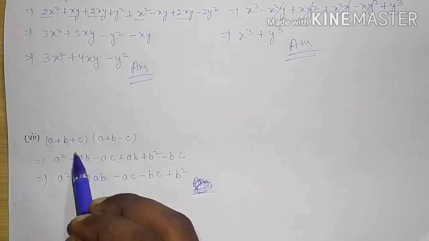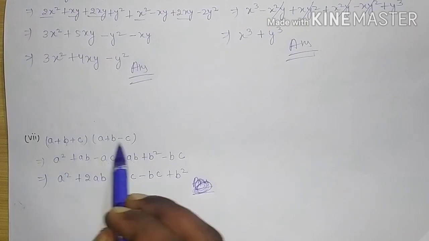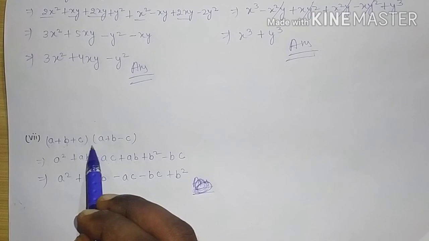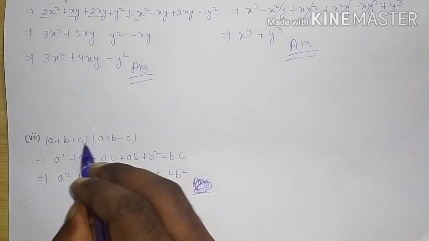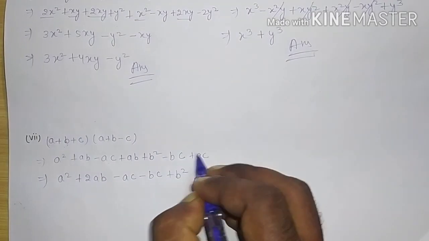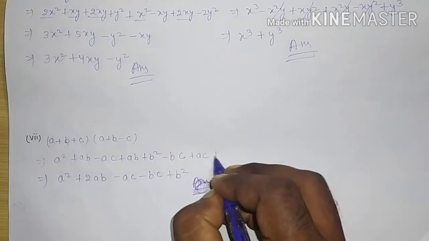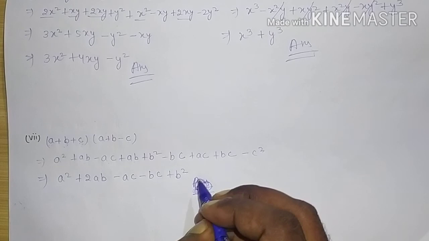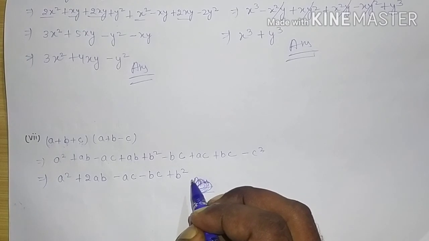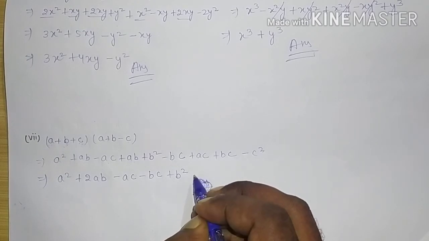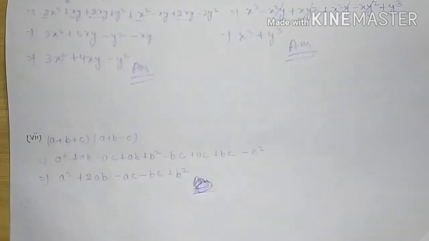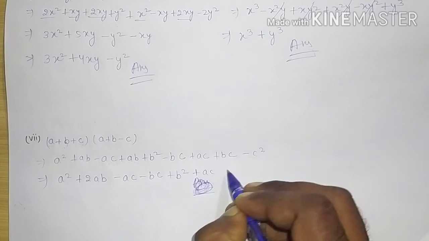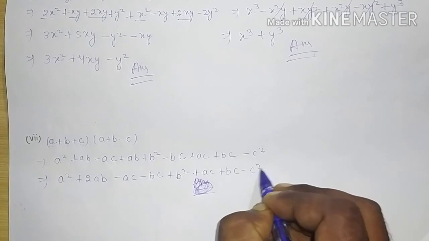Now here a is multiplied into all these terms, b is multiplied into all these terms. Now c is also multiplied into all these terms. So here we can write c into a, it will be ac. C into b, it will be bc. C into minus c, it will be minus c square. So we can write ac plus bc minus c square.